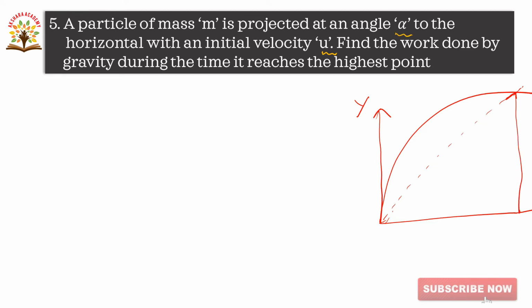This is the highest point h, and this is the x axis. We are making an angle alpha. This is the origin, and from here to here is x. Now let us go to the solution.